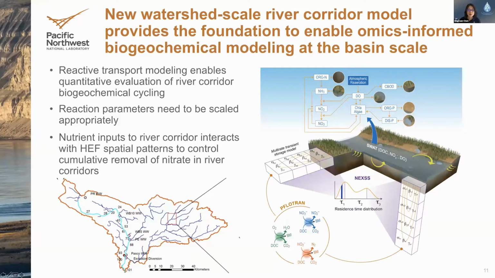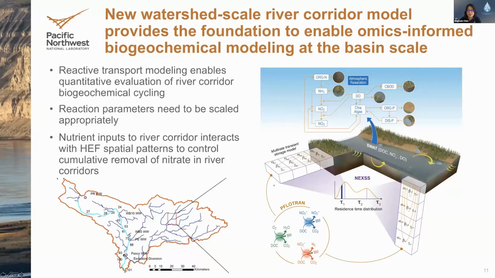We also found from one of our applications at a similar watershed scale, where we simulated hydrology and showed the animations, that what is processed at a given unit depends on how much nutrient input is present adjacent to that unit, and what kind of exchanges are happening between the river water and the groundwater.